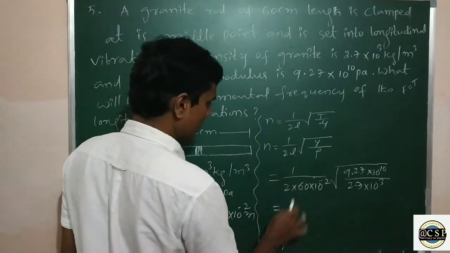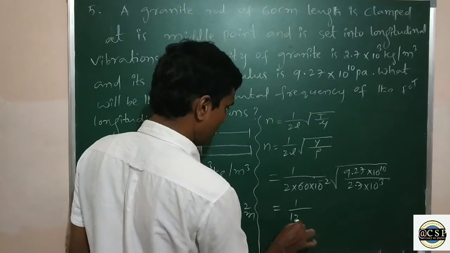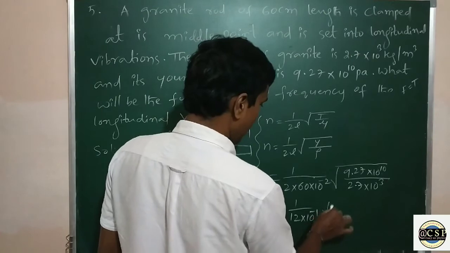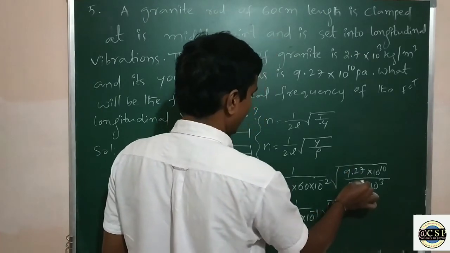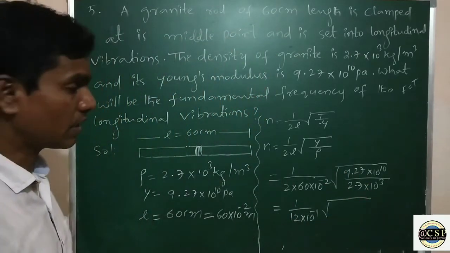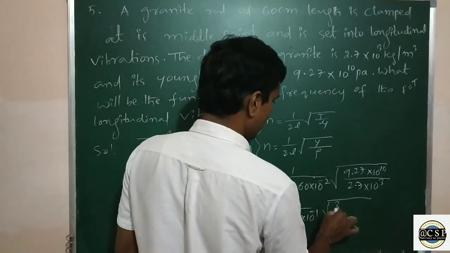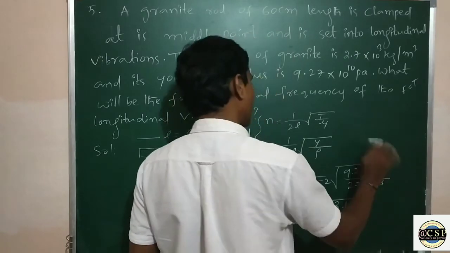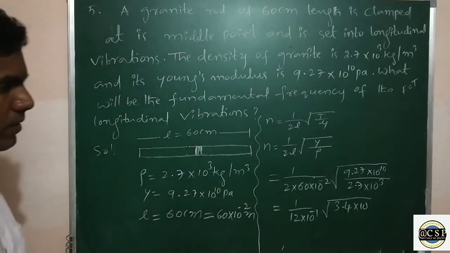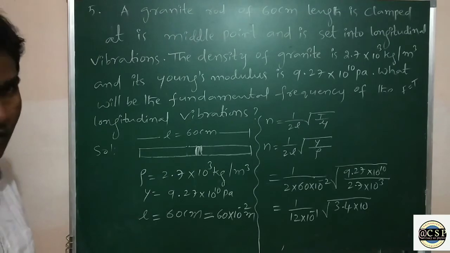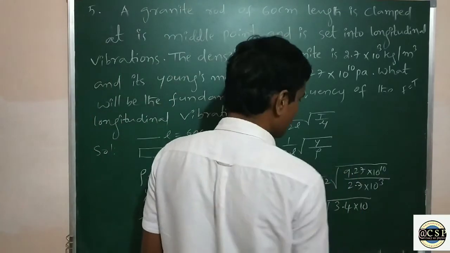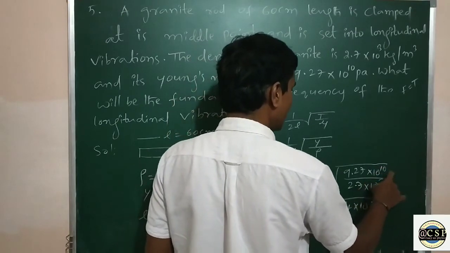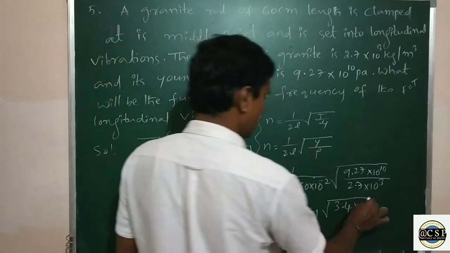So now that is equal to 120, means 12 into 10 power minus 1, and 9.27 divided by 2.7 is 3.4 into 10 power 10 minus 3, taking the numerator. So 10 power minus 3, 10 power 10 into 10 power minus 3 is 10 power 7.